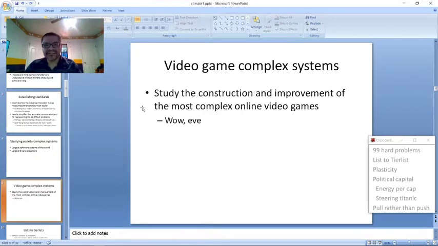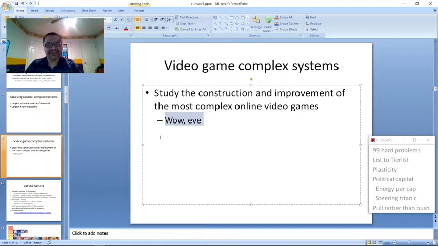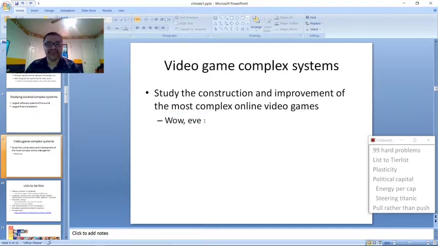Also, we could study video game systems, like the largest online video games, where they have millions of users and they have to update their software every couple of months to retain their customers, like World of Warcraft or EVE Online.